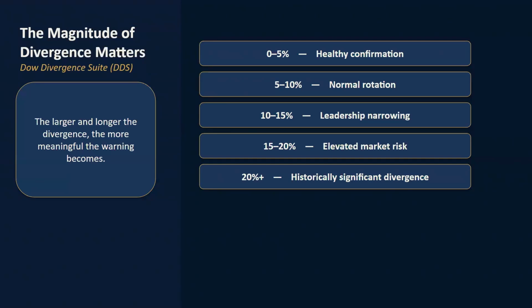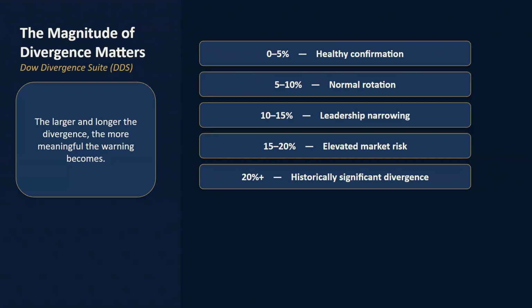So when you get a 20+ percentage divergence between the two, that has historically signaled a change in direction. When looking at the last decade, every correction larger than about 15% of the Dow was preceded by some form of transportation divergence.